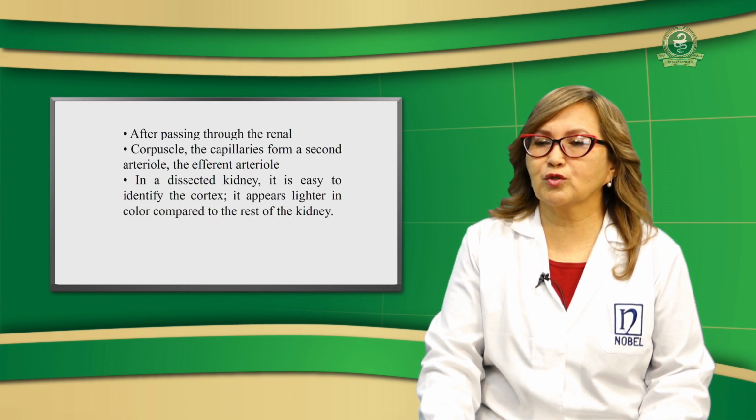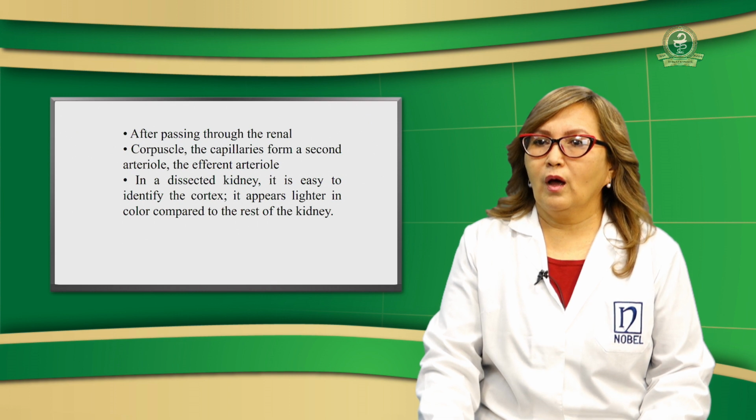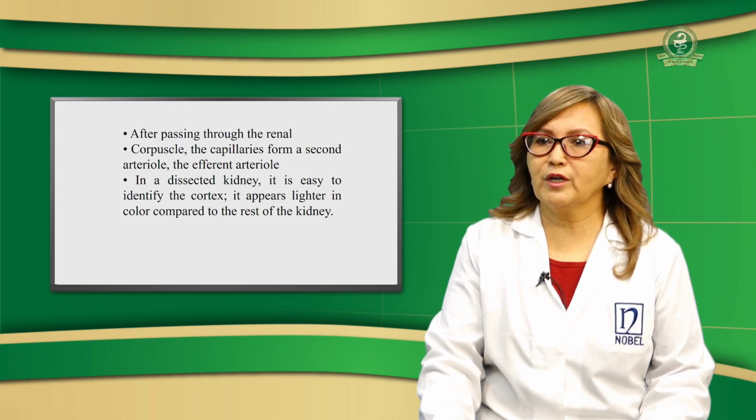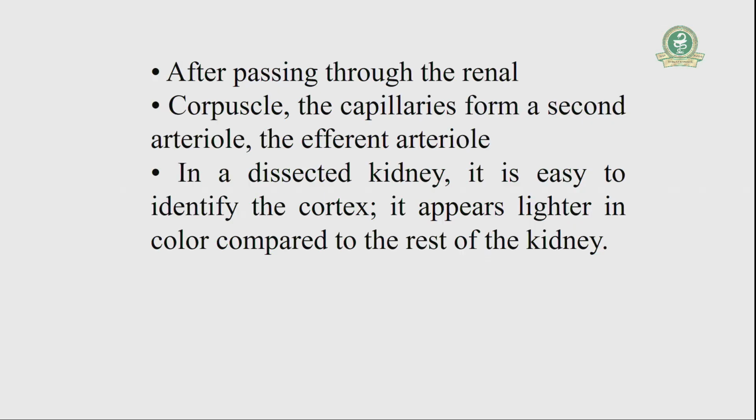After passing through the renal corpuscle, the capillaries form a second arteriole, the efferent arteriole. In a dissected kidney, it is easy to identify the cortex. It appears lighter in color compared to the rest of the kidney.